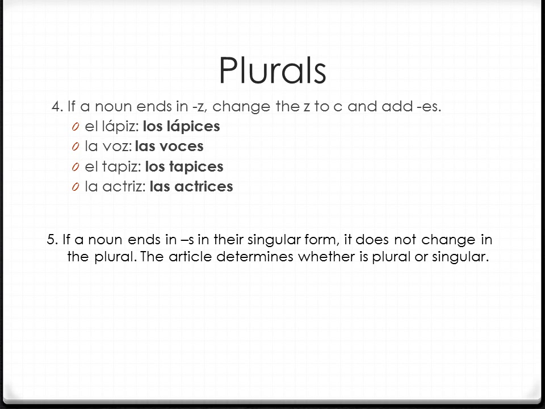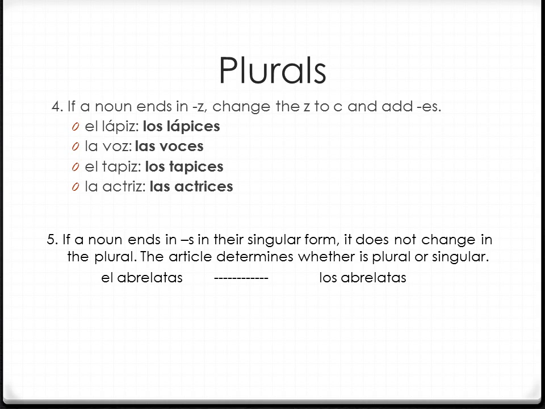Rule number 5. If a noun ends in s in the singular form, it does not change in the plural form. Okay? So when it ends in an s, it's going to stay the same in both singular and plural. But the article is what's going to determine whether it is plural or singular. So you have to look at the article. For example, el abrelatas means can opener.